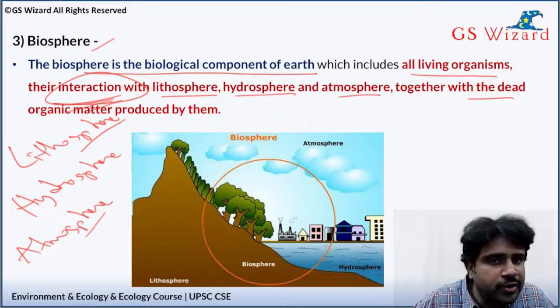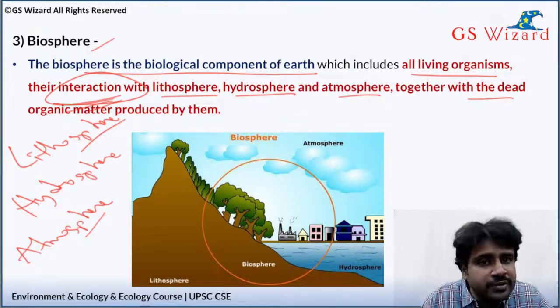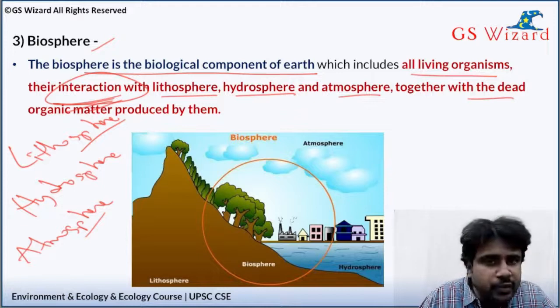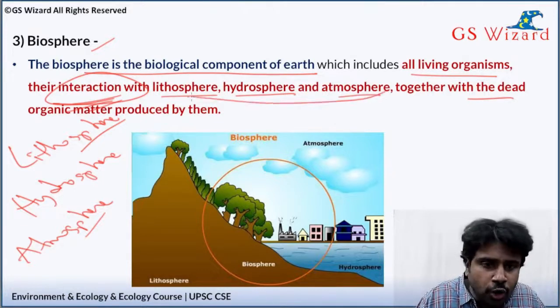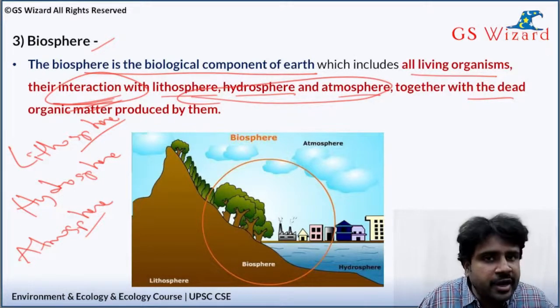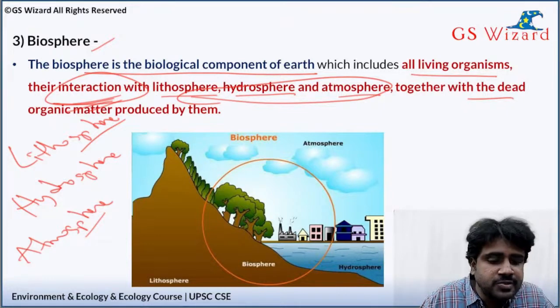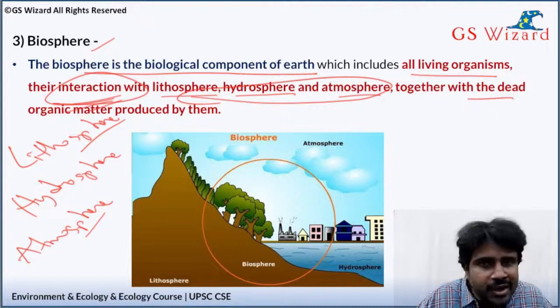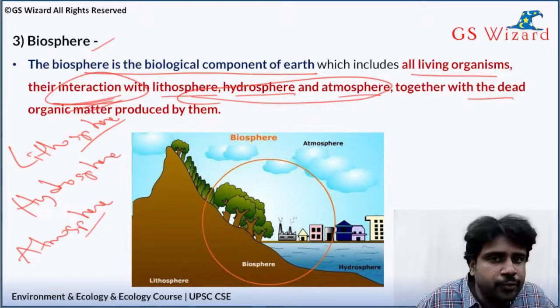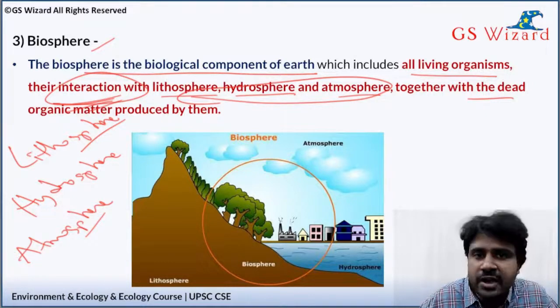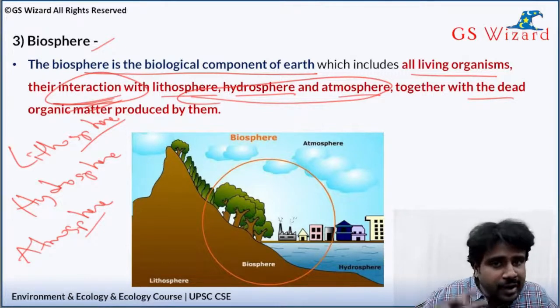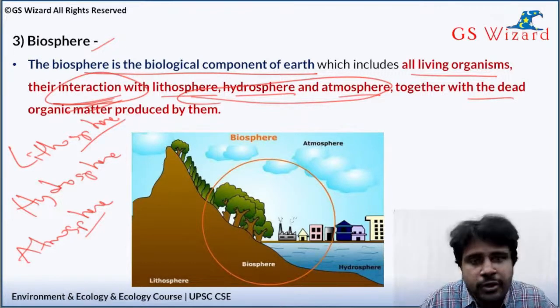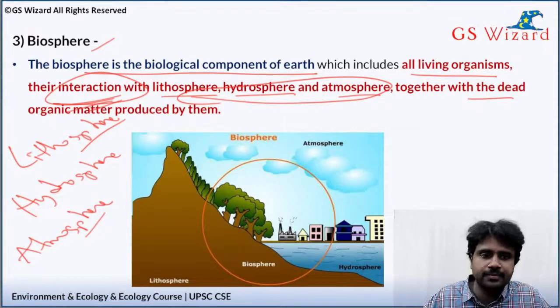Whenever I speak about living organisms, I should also speak about the interactions of living organisms with all the non-living things. At the same time, interactions of living organisms with themselves, among themselves. Like for example, we all eat food, right? So from where do we get food? Food means plants and animals for us. So that means we are interacting with the other organisms in order to survive. As simple as that. Clear, right?